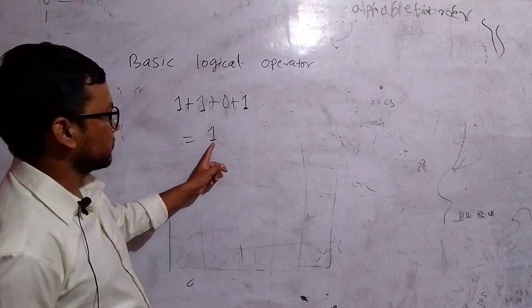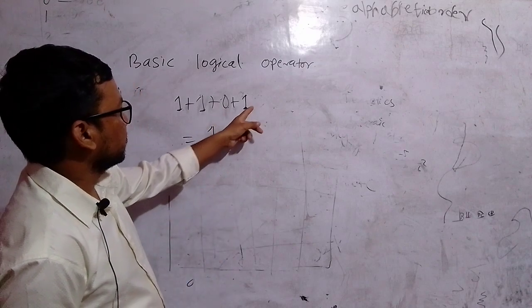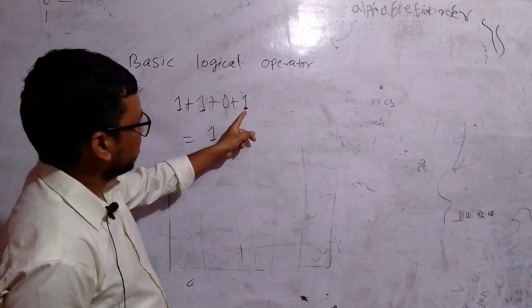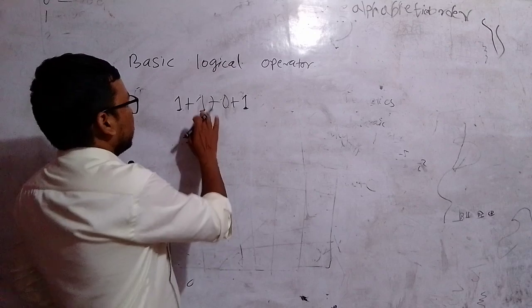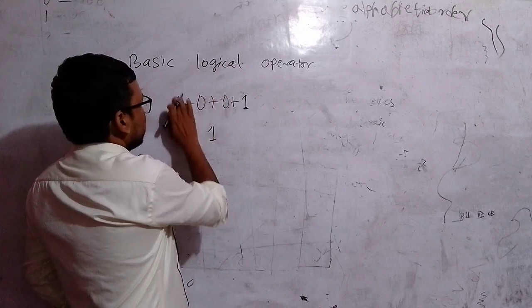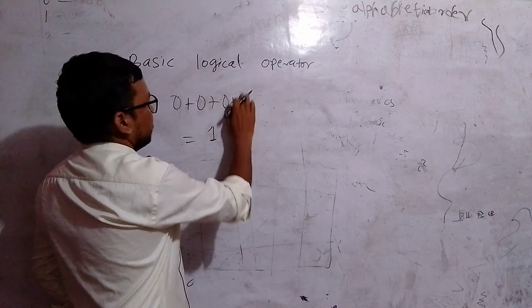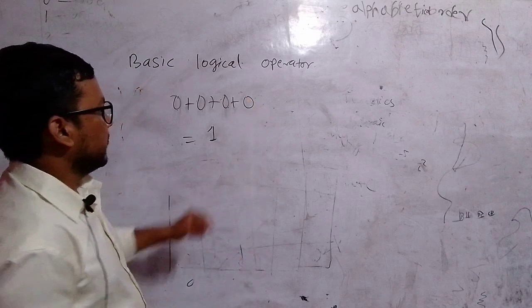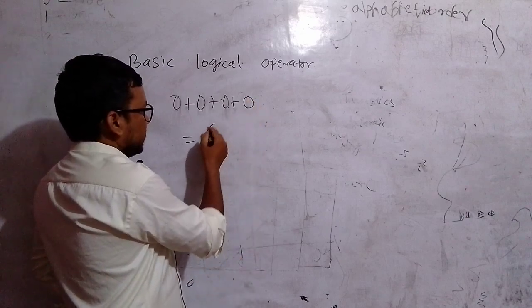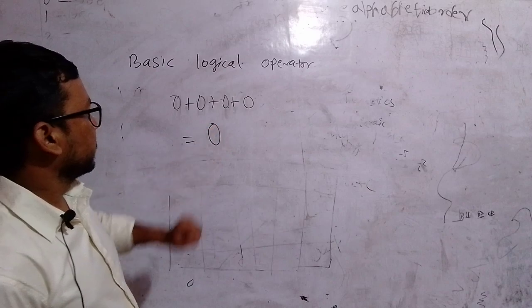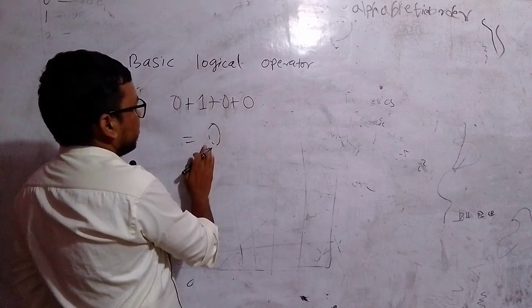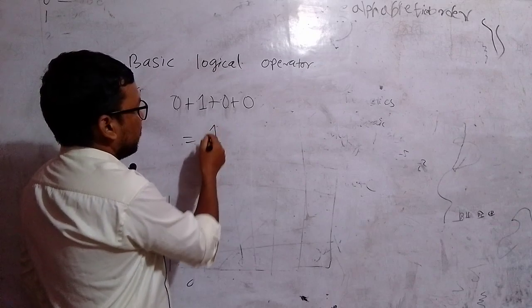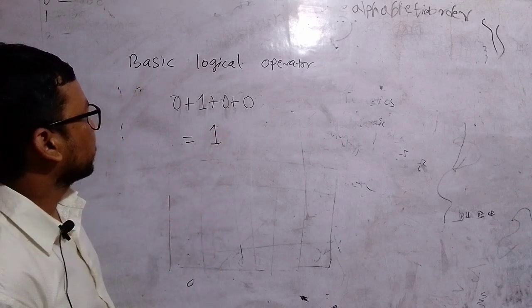Still its output becomes 1 because 3 inputs have input 0. In that case, if all of the inputs are 0, then only its output will be 0. Otherwise, if any input has 1, then automatically the OR operator produces 1.